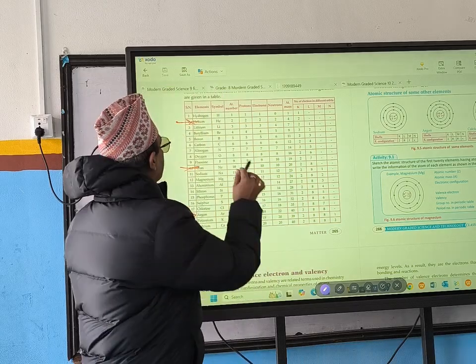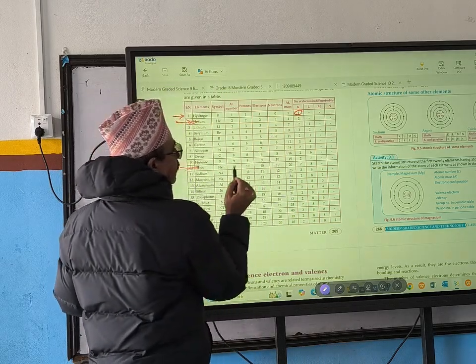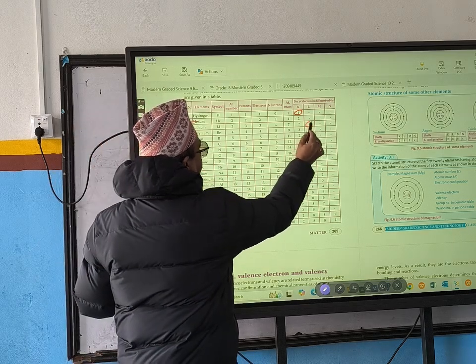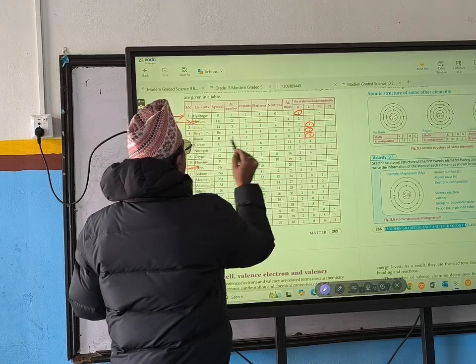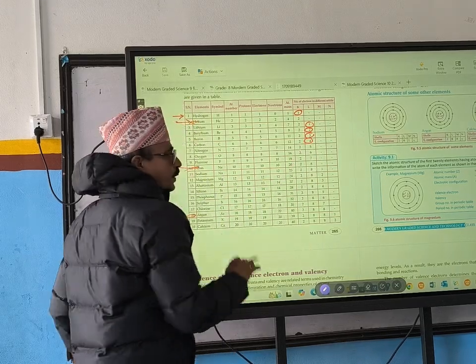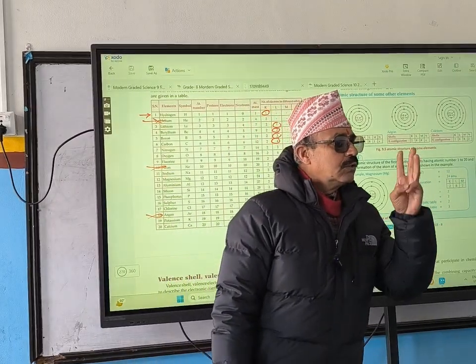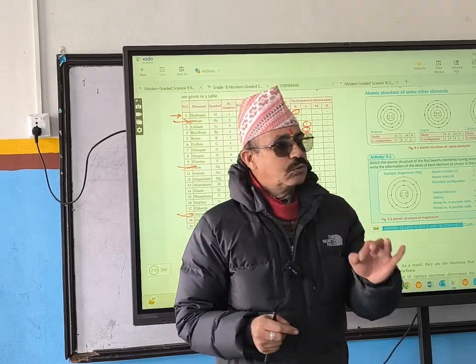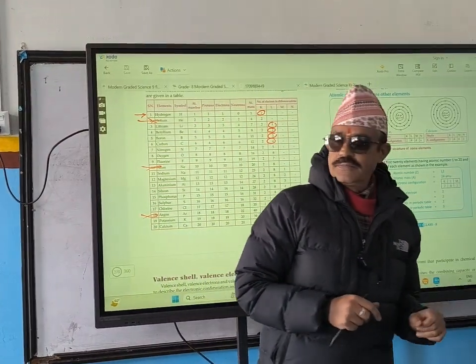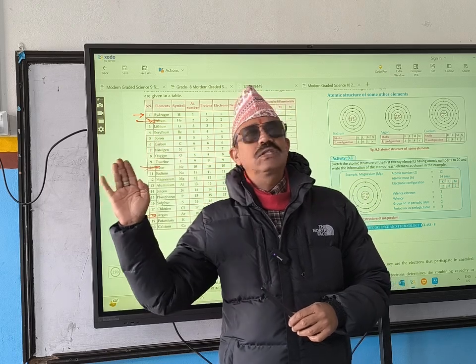Now, look here. Hydrogen, how many valence electrons are here? Lithium, 1. Beryllium, boron, carbon. So, at last there is 1, 2, 3, 4. Valency also 1, 2, 3, 4. Got the idea? Look at the valence electron.